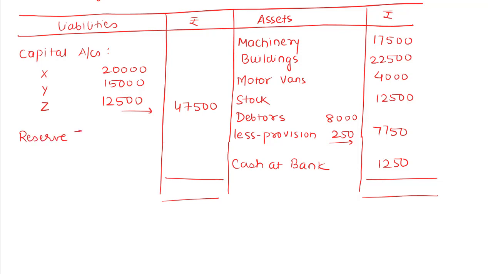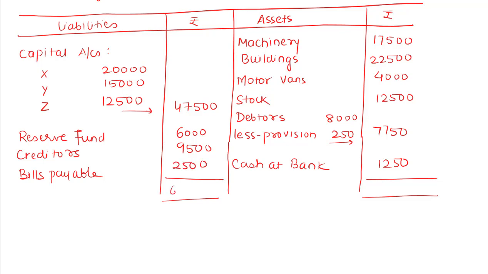Reserve fund 6,000, creditors 9,500, bills payable 2,500. Balance sheet totaled at 65,500.